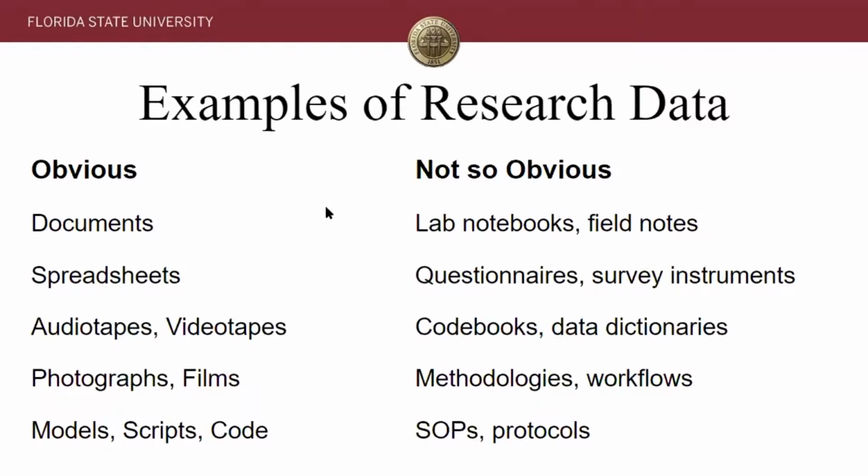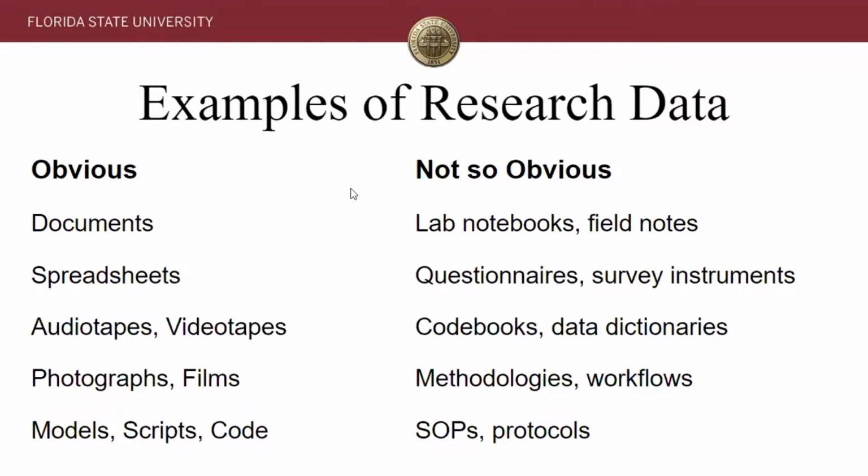Some things that are not so obvious, as shown on the right, are things like lab notebooks or field notes, code books, methodologies, or standard operating procedures. These consist mostly of methods and parameters and documentation used to collect data and verify it. These are still required to completely validate the data from a research study.